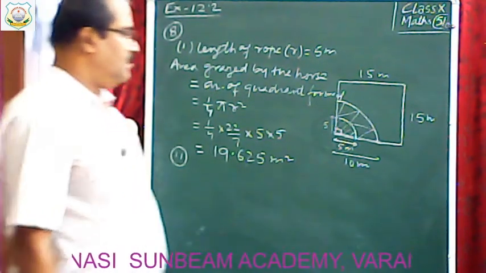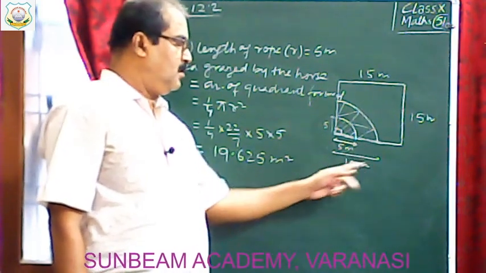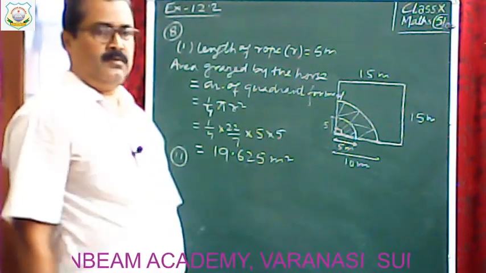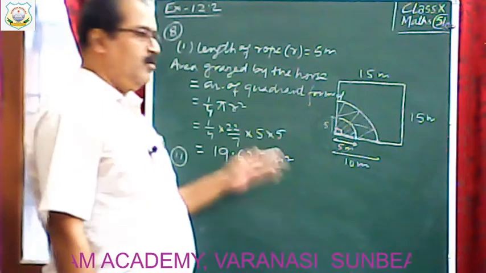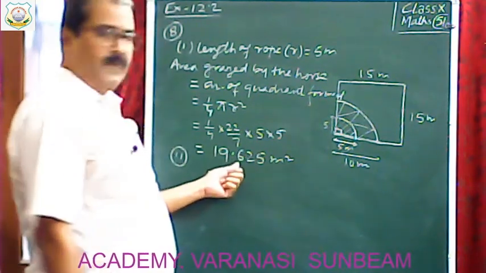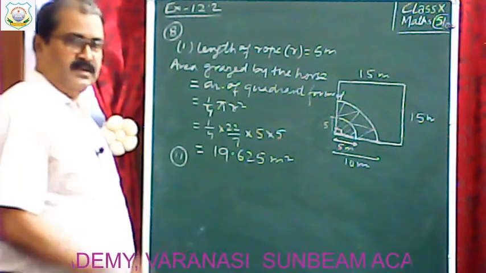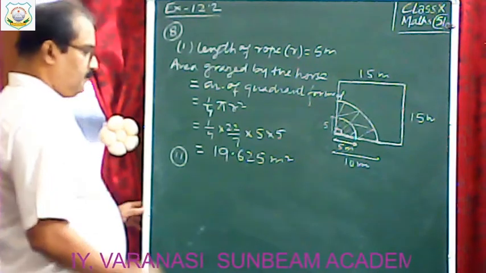So nothing else, you have to find out area of quadrant with a radius 10 meter, and thereafter you have to find the difference of areas of both the quadrant. One we get in first and second we have to find out, and thereafter difference between them is whatever you have to find. So directly also you can do this.